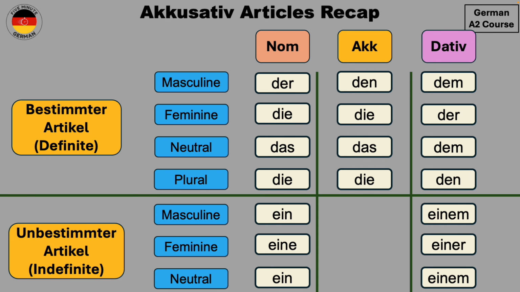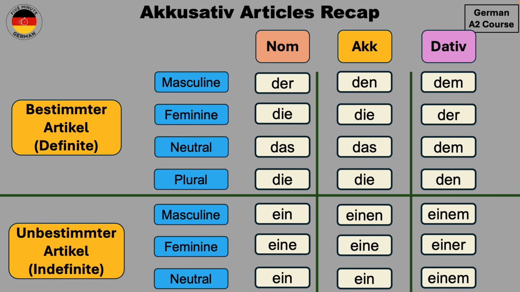In the case of the unbestimmter or indefinite article, for masculine it is einen, for feminine it is eine, and for neuter it is ein. So accusative is much simpler because only the masculine forms are different from the nominative case. All the other ones are the same. For example, feminine in nominative is die, and in accusative it is also die. Same for neuter and plural. So you just have to change it for the masculine nouns.